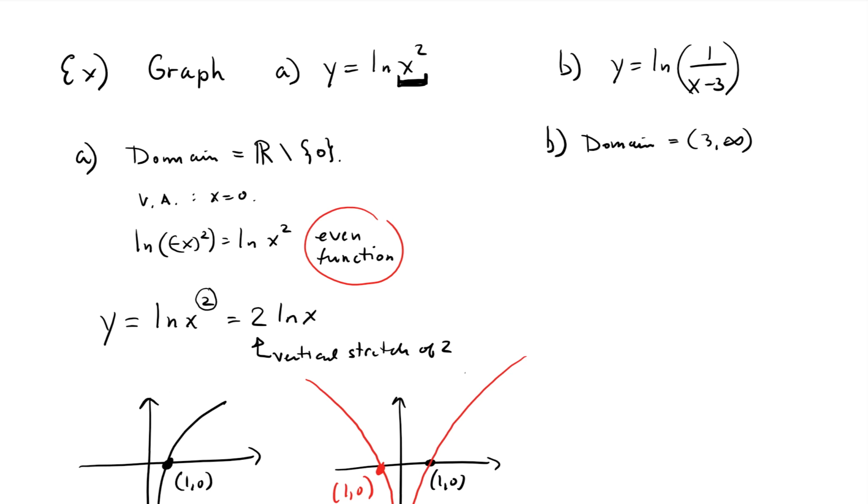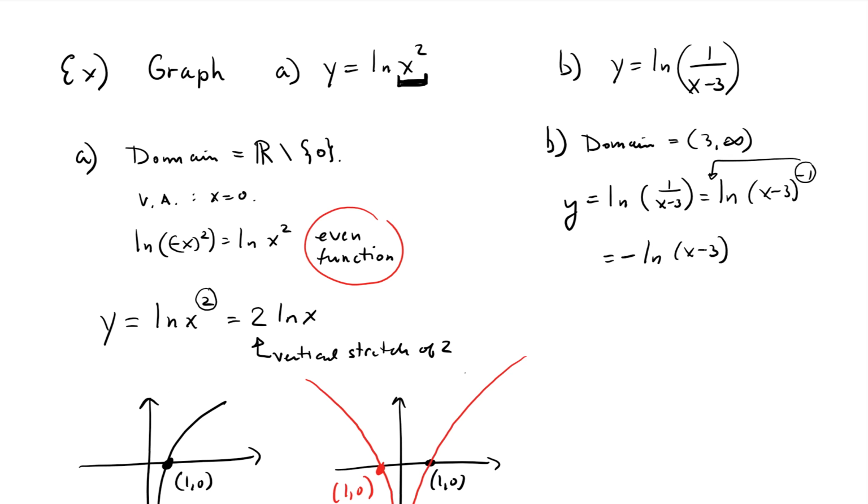So first thing I'll do is simplify this expression using properties of logarithms. Now 1 over x minus 3 is a power of x minus 3. I want to write it as a power, because I've got this nice property which allows me to send the exponent in front of the log.